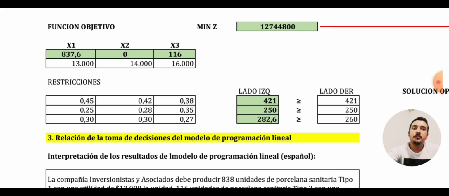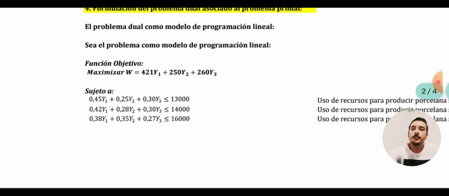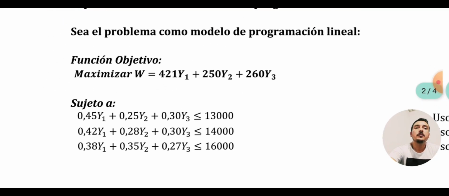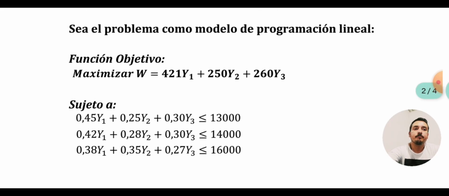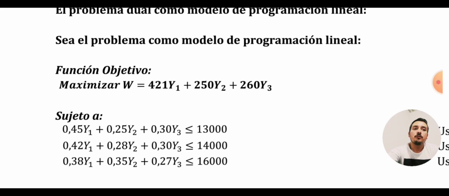In this case, it would be to maximize W. Maximize W would change the right-hand side requirements: 421 y1 plus 252 y2 plus 260 y3.